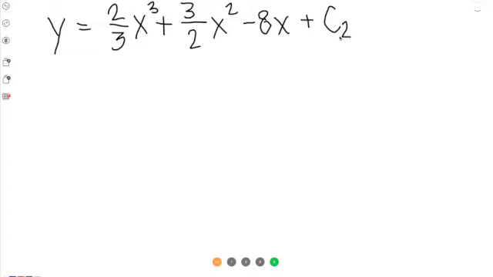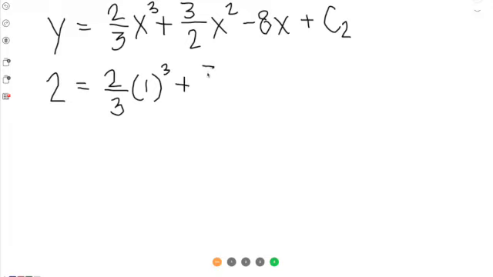So now we can solve for c sub 2, plugging in our initial conditions. So we say that the value for y is equal to 2, and x will remain as 1.